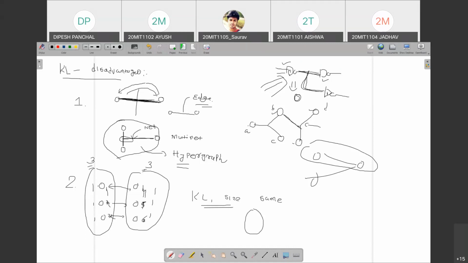Partition A, maybe the total size is let's say 25, and partition B, the total size is only 16. Balance is not maintained between the two partitions. The KL algorithm will not work if the size of each and every gate is different.